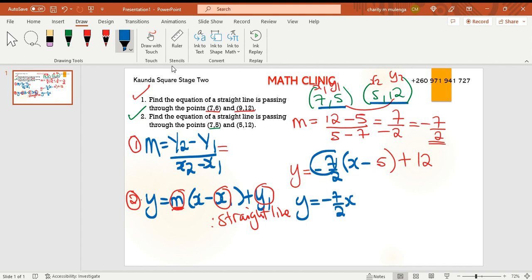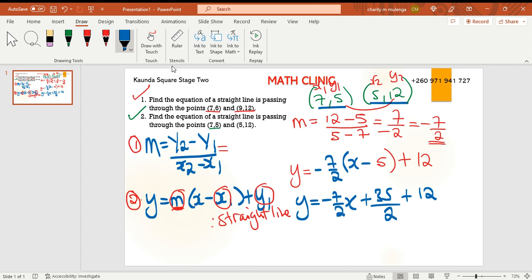Again, negative 7 times negative 5 gives us positive, since negative times negative is positive. So that is 35 over 2. You maintain the denominator 2, plus 12.